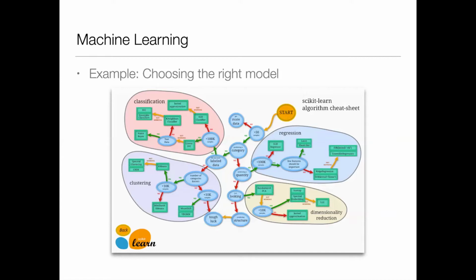And still, there are so many decisions you have to make just to choose which kind of algorithm you want to use, and even within groups of similar algorithms, which one to choose, and so on. Even for a very simple framework like scikit-learn, which is not so close to the state of the art anymore.